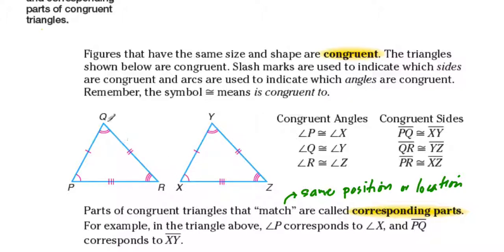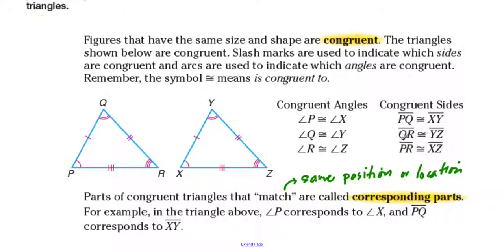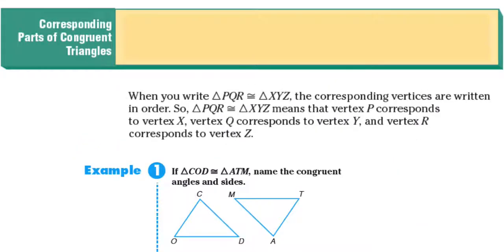Side QR corresponds to side YZ because they are in the same location. Usually, congruent sides are also corresponding parts. For example, in the triangles above, angle P corresponds to angle X because they are in the same position, and segment PQ corresponds to segment XY. Okay, so let's move on.